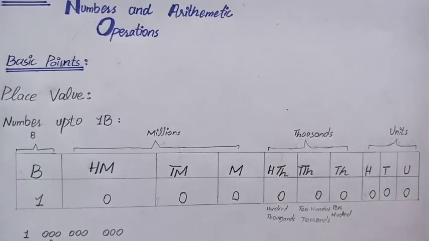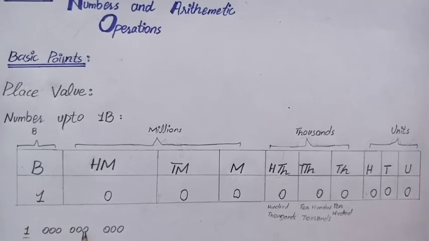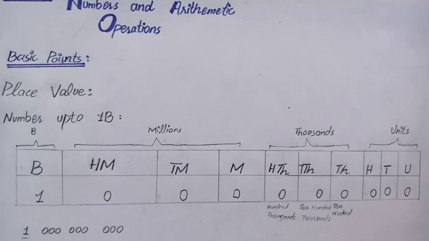As you can see, a 1 billion number has 10 digits.